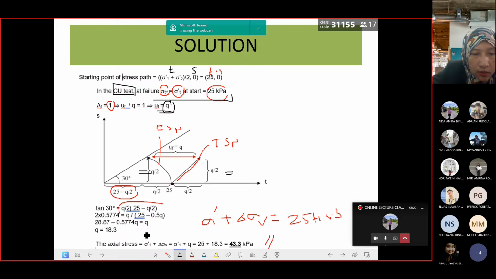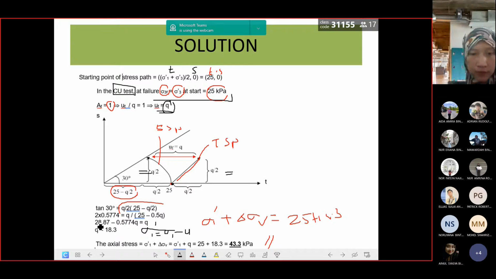So to get the axial stress, what is the axial stress? Axial stress, bila kita dapatkan axial stress efektif sigma 1, so untuk dapatkan the total stress in the vertical, so kita akan tambah efektif sigma 1 plus dengan delta sigma V, which is just now we say that the vector stress is equal to 18.3 plus dengan our initial state conditions sigma 3 sama dengan sigma 1 is 25.